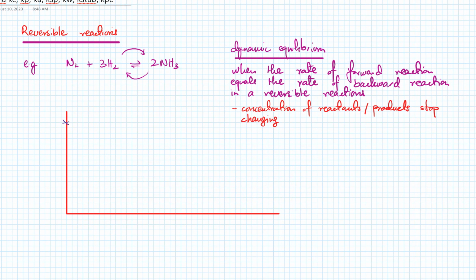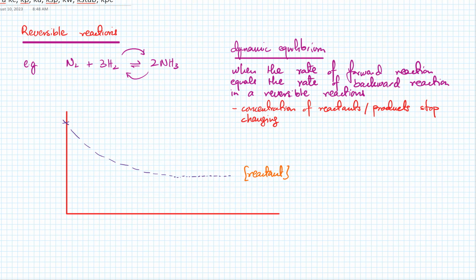And then the concentration of those reactants starts to decrease, and eventually it will reach a point where it's probably going to become constant.